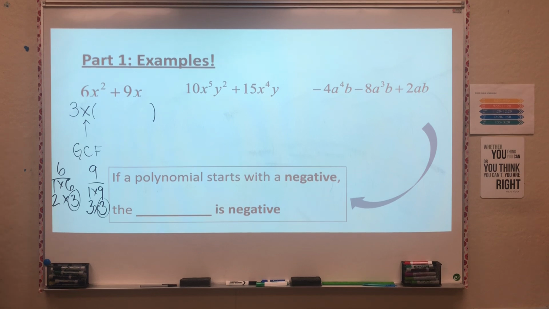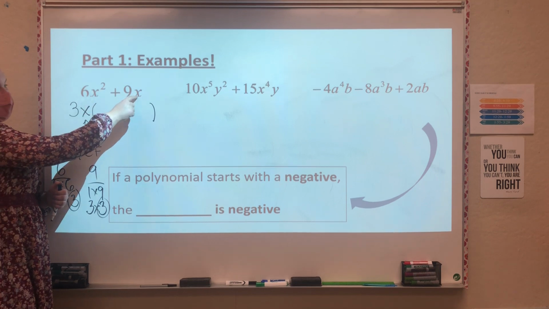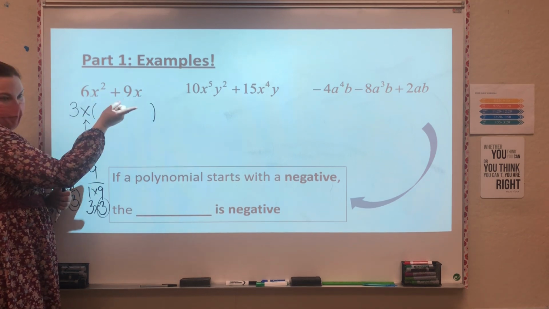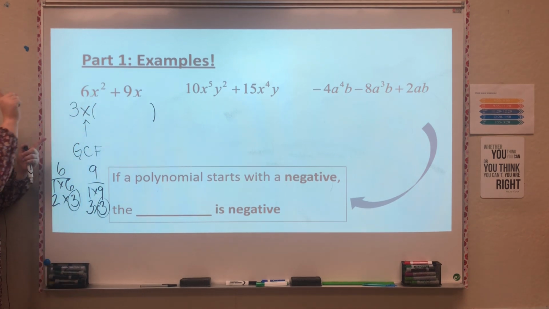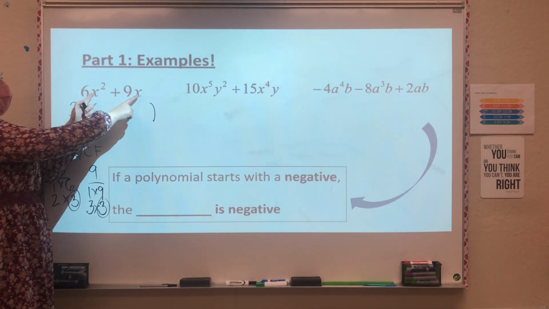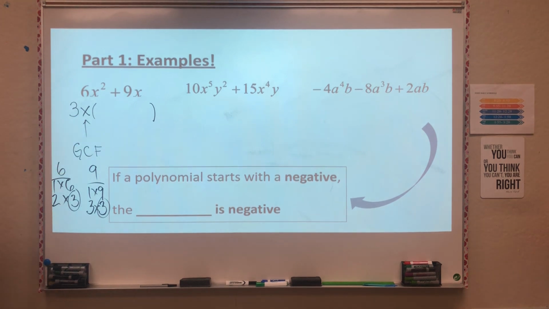One way you can think of it is this is saying there are 2 x's there. This is 1x. So what we want to say is, well, they both have at least 1x. Do they both have at least 2 x's? No. So it's the greatest number of x's they had in common.